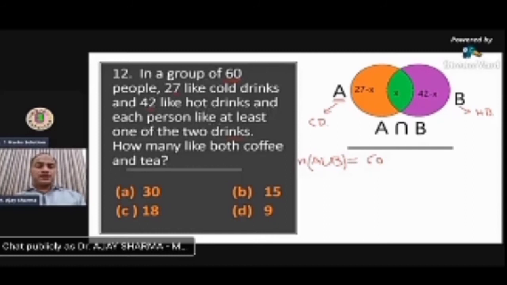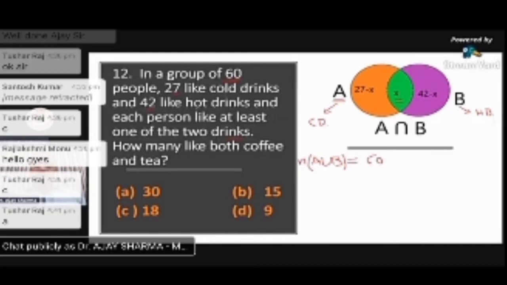Okay guys, so let us see how many like both cold drink and hot drink. Here we have assumed that the persons who like both are in this green portion. Let us consider that this portion has x elements, that is, x persons are there who prefer cold drink and hot drink. So they are x.